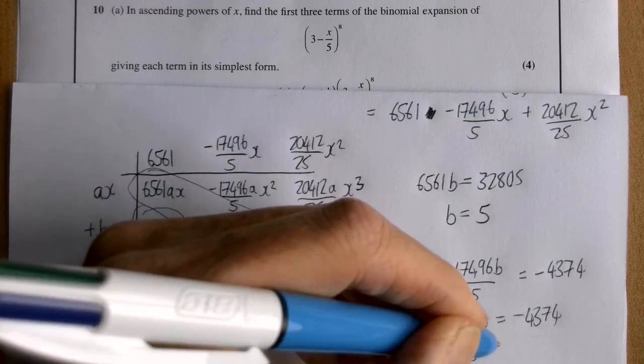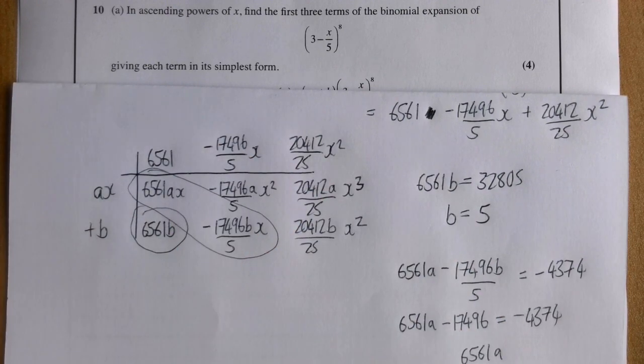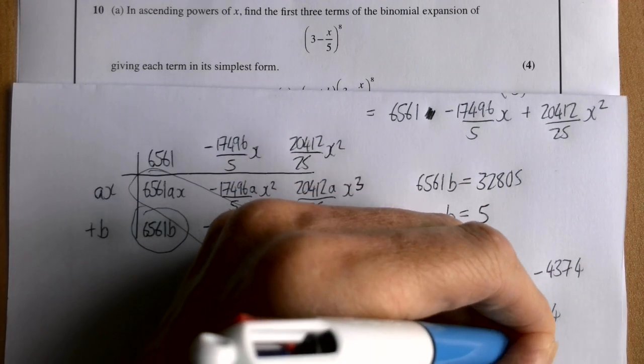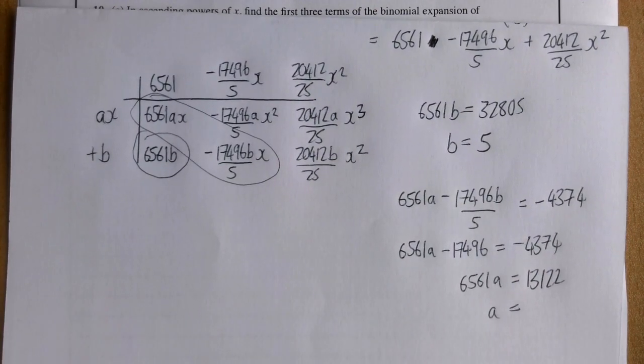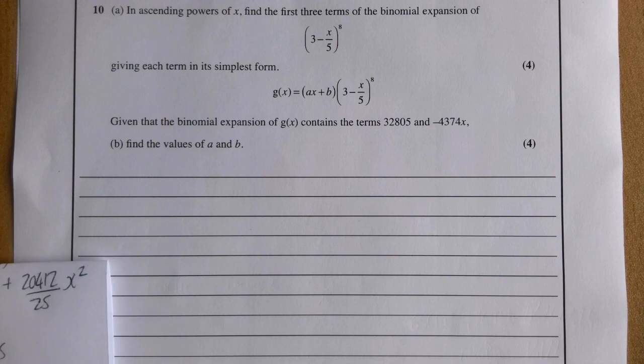I'm going to add that to both sides, so I've got minus 4374, and I'm going to add 17496, so that gives me, and I'm going to then divide that by 6561, and a is 2. And that's the end of that question.